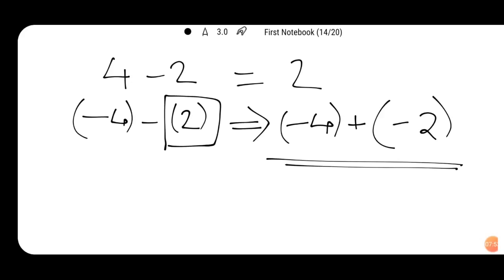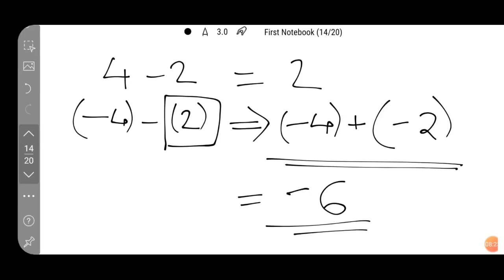Here the case is addition of integers with the same sign. If it is addition of integers with the same sign, we will add them. What is 4 plus 2? 6, and we will give the sign which is there in the question. What is the sign in the question? It is negative. So our answer is negative 6.